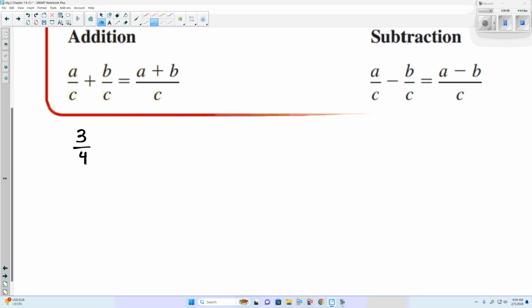If we add 3/4 and 7/4, because the denominators are the same, we just add the numerators. 3 plus 7 would be 10, so 10/4. If there is any possible way to simplify, we will. So 3/4 plus 7/4 would give us 10/4, which would reduce to 5/2.